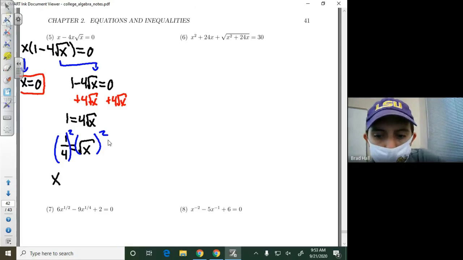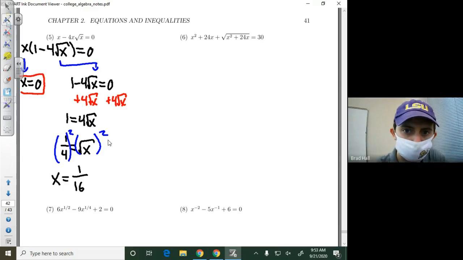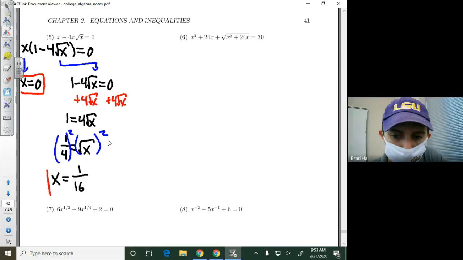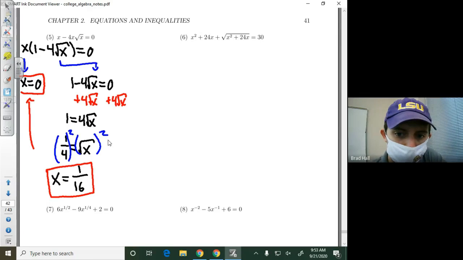So now we have x by itself, and 1 over 4 squared is just 1 over 16. So we get 2 answers.